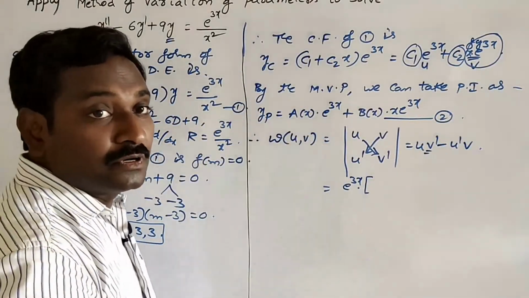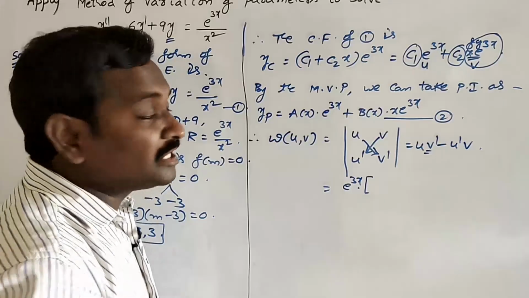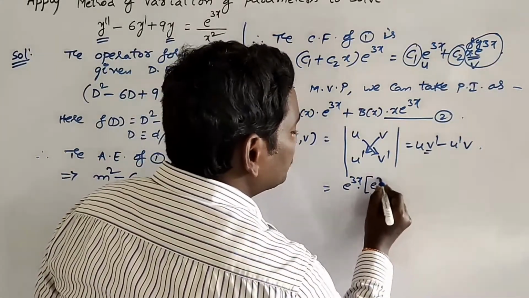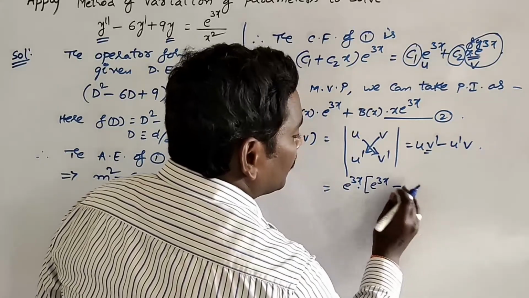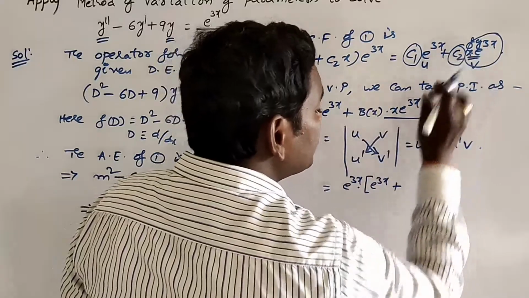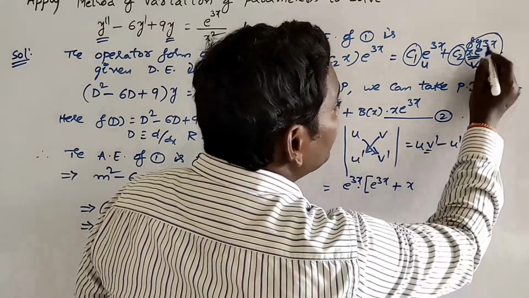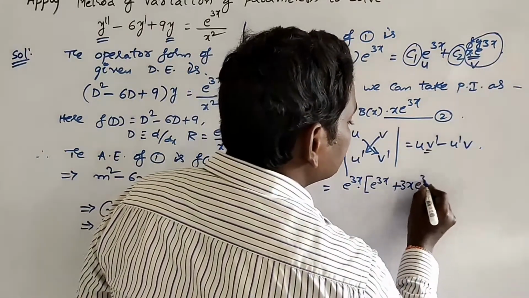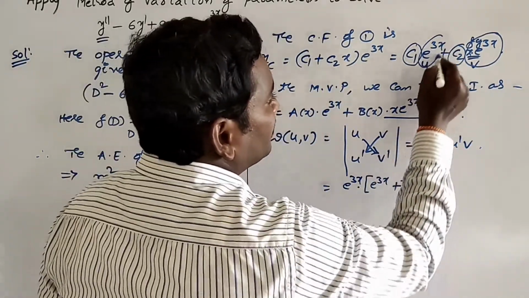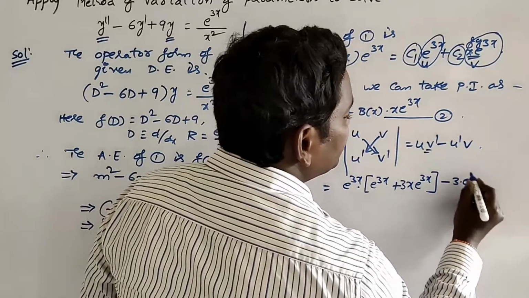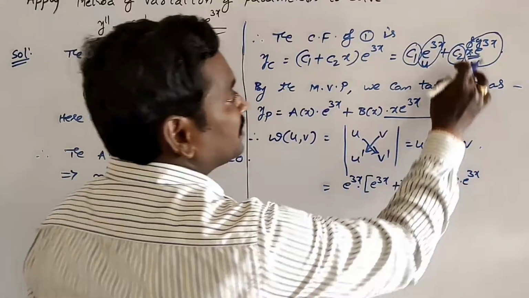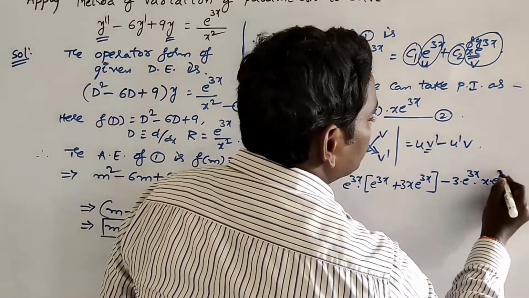Derivative of x is 1 into e power 3x, plus x as the similar term, derivative of e power 3x is 3 into e power 3x, minus u dash, the derivative of e power 3x, which is 3 into e power 3x, and v is the similar term, so you write x into e power 3x.